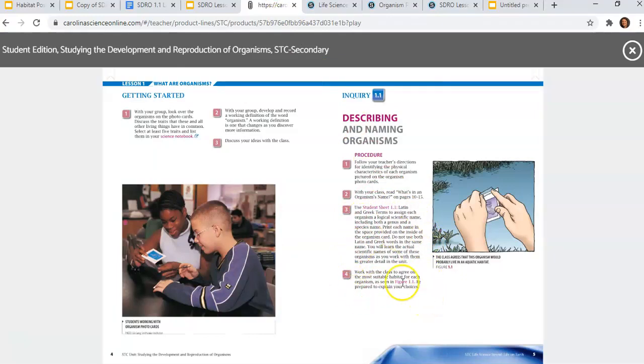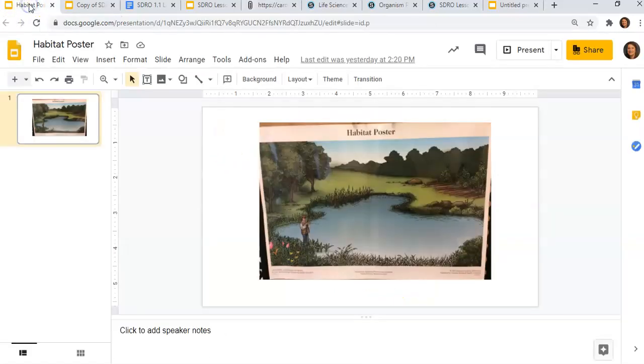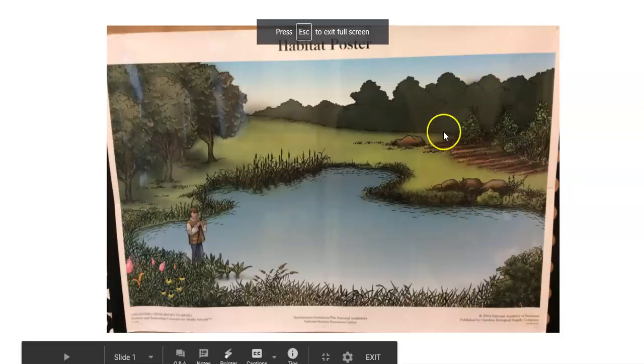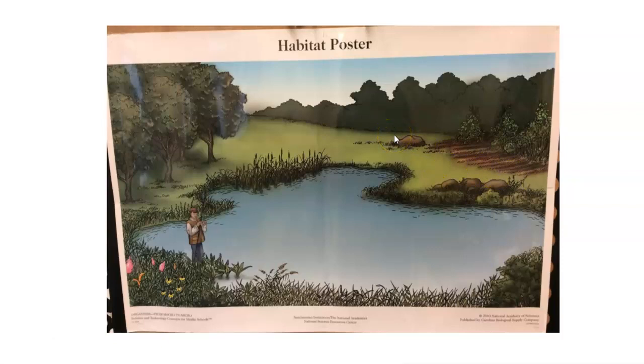And then step 4 says to work with your class to agree on the most suitable habitat for each organism, and that will be on the habitat poster part of the assignment. The habitat poster hangs in our classroom, and it looks like this. You will take each of those different organisms on the photo cards and decide where they would live in this particular habitat.